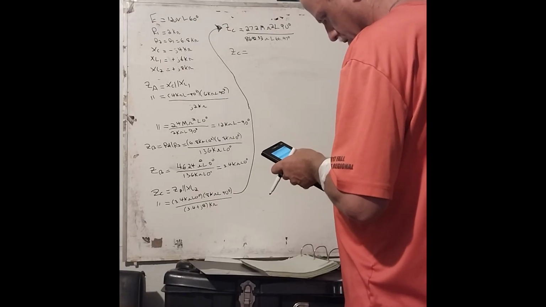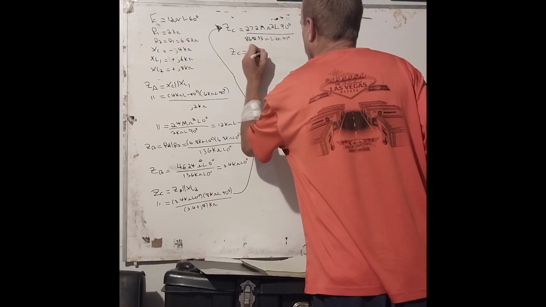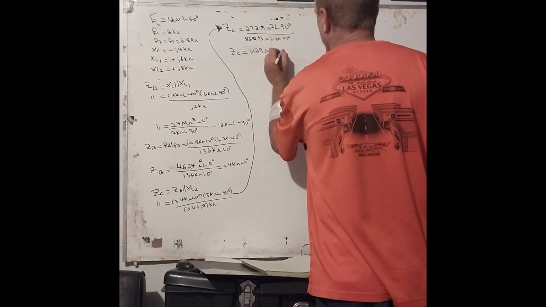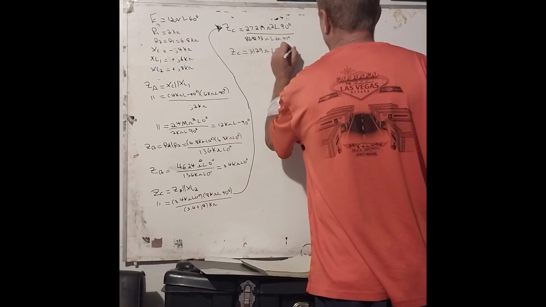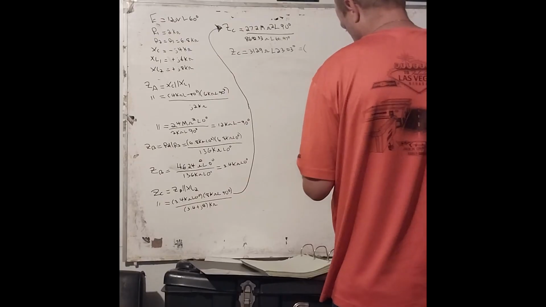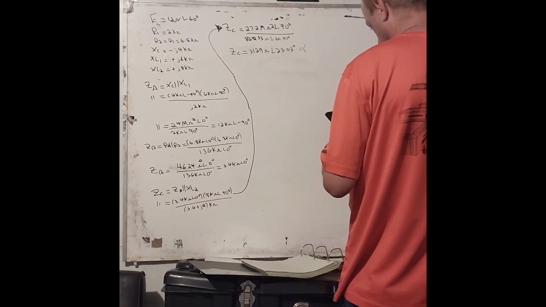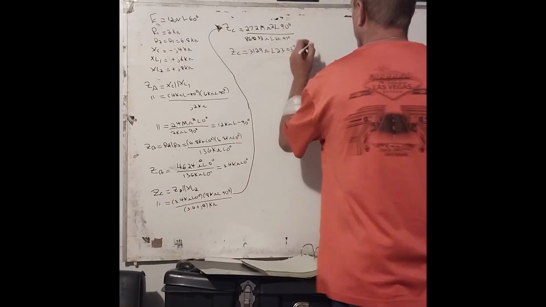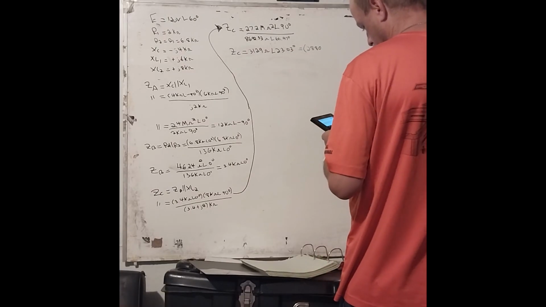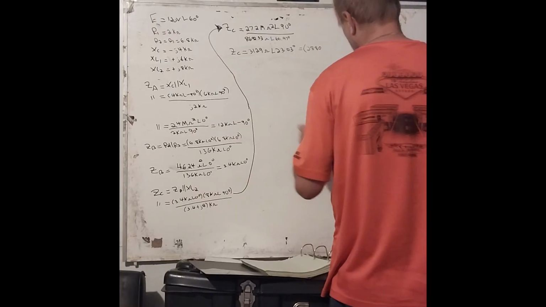Take that, divide by that. 3129. This is at an angle of, we get 23.03 degrees. If we find the rectangular form of this, we get 2880. And if we do the sine of that value, we get 1224.